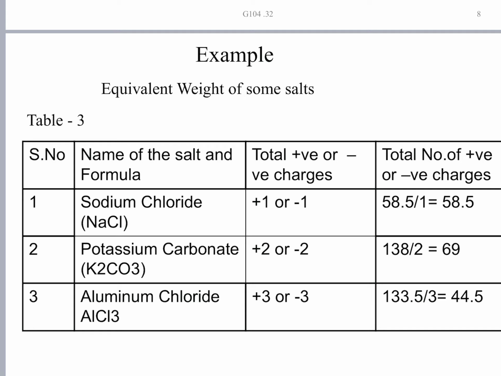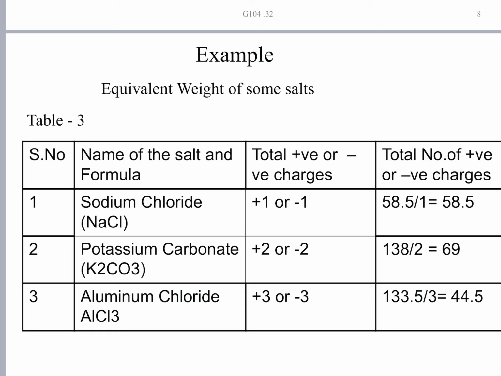So in the case of sodium chloride, the total positive and negative charge is 1 only. So the equivalent weight is equal to gram molecular weight by positive or negative charge, that is 58.5 divided by 1, that is 58.5 grams.